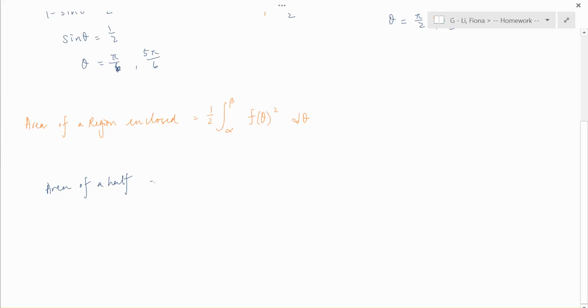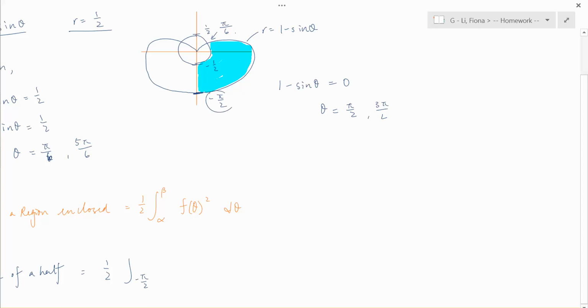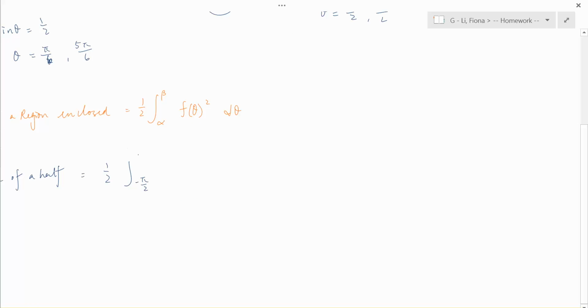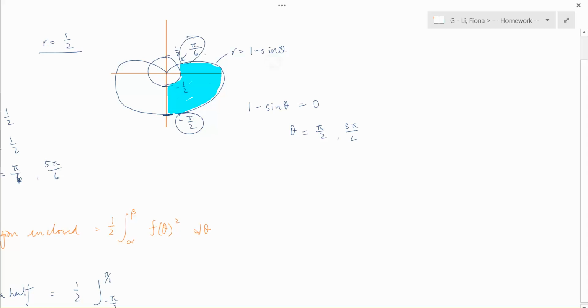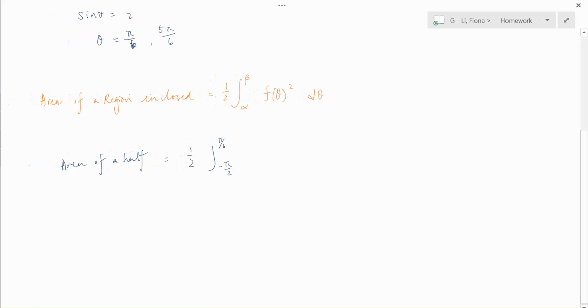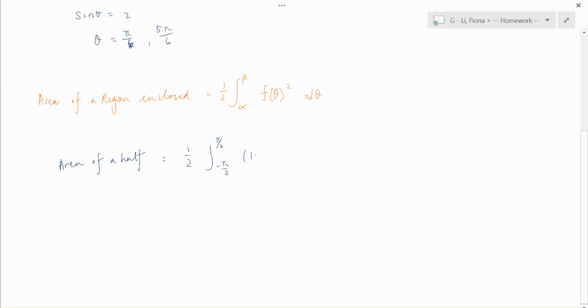So area of a half will equal 1/2 integral from negative pi halves, so that's what we got right here, to pi over 6, which is the intersection. And so we have the outside function, which is 1 minus sine theta all squared, minus the inner function, which is 1/2 squared d theta.